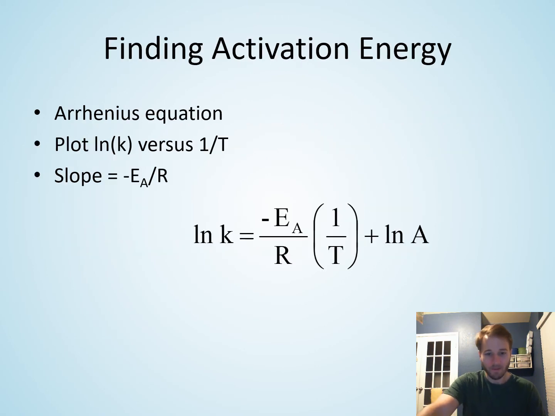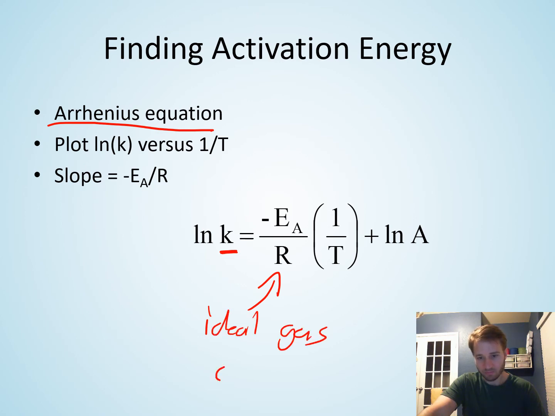This relationship between activation energy, temperature, and our rate constant is given by what's called the Arrhenius equation. This is the natural log of our rate constant k equal to minus the activation energy divided by R, where R is your ideal gas constant, multiplied by 1 over the temperature, plus the natural log of A. You'll notice this is an equation for a straight line.